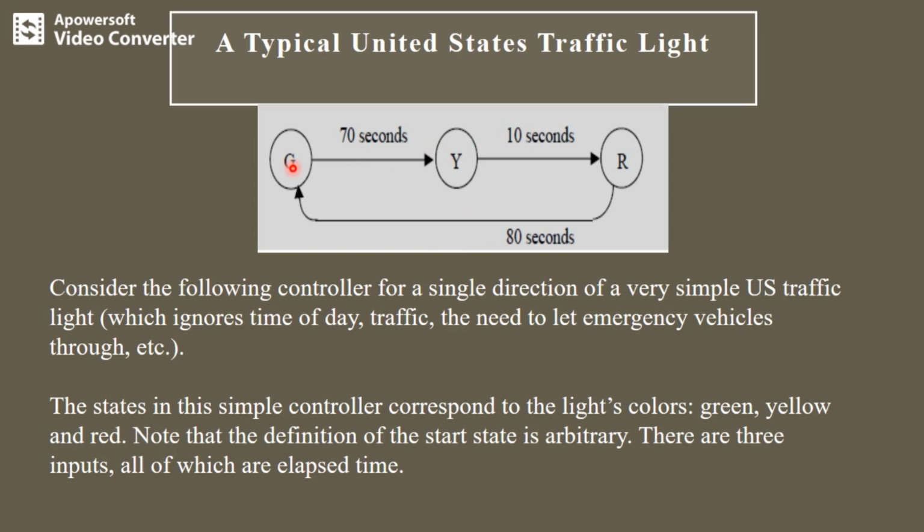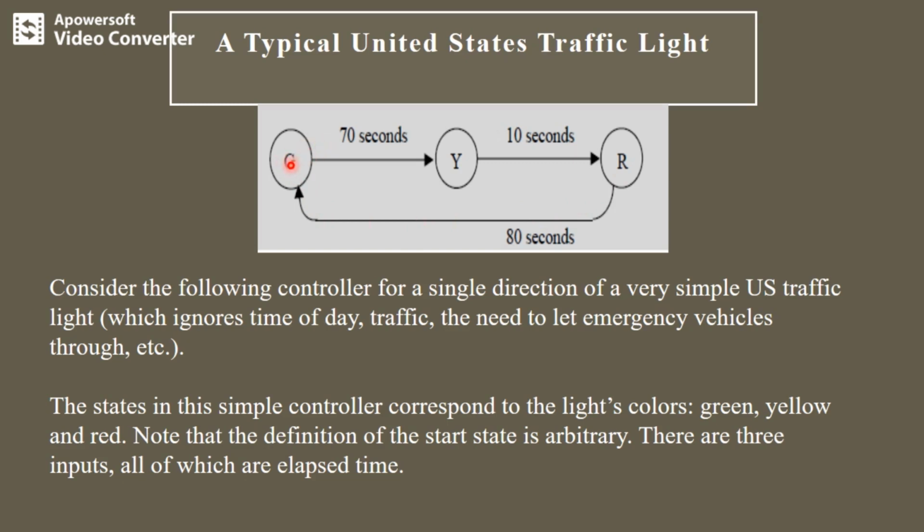I said in case of a Moore machine, as soon as you enter any particular state, output gets generated. So now here we have 3 states. These 3 states are represented as light colors: green, yellow and red. Suppose you are in a red state, after 80 seconds it turns to green.